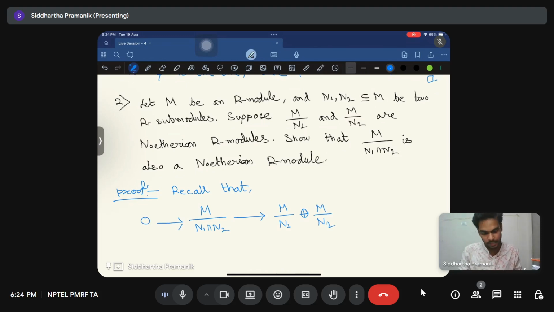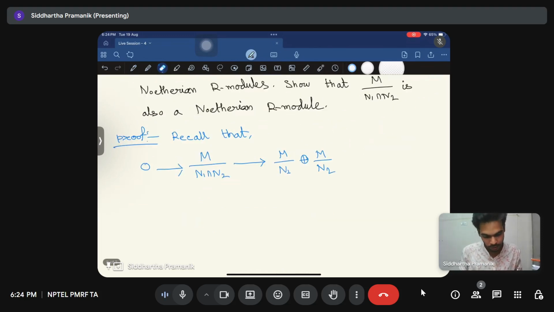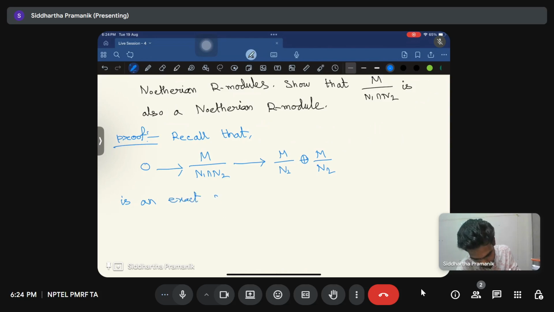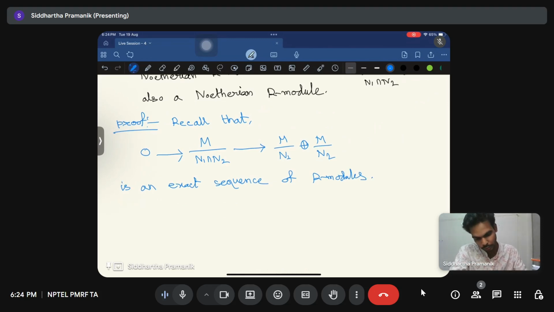So this sequence is exact. This is not a short exact sequence, but this is an exact sequence of R modules. This has been done in the lecture, so you just go back to the video and recall it. So that means this quotient can be thought of as a submodule of this quotient.